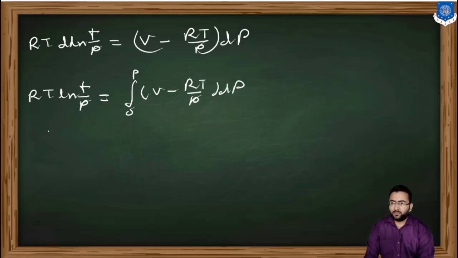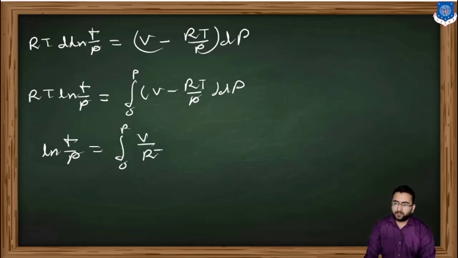Now taking RT to this side, we get ln f upon P is equal to integration from 0 to P of V upon RT minus, RT cancels, so 1 upon P into dP.